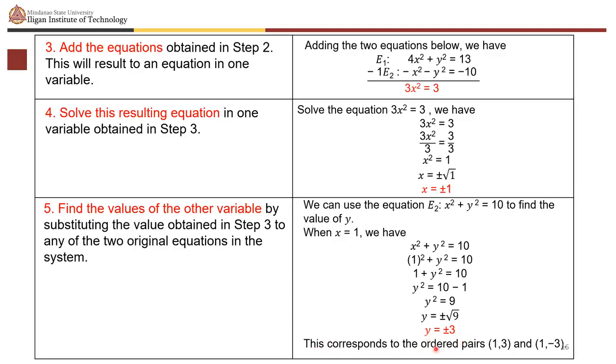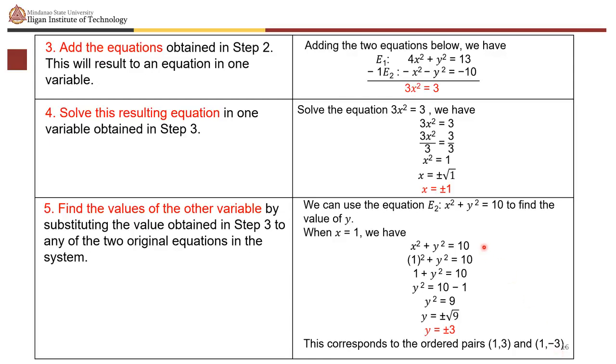This corresponds to the ordered pairs. When x is equal to 1, we have 1, 3. Also, when x is equal to 1, we have 1, -3.